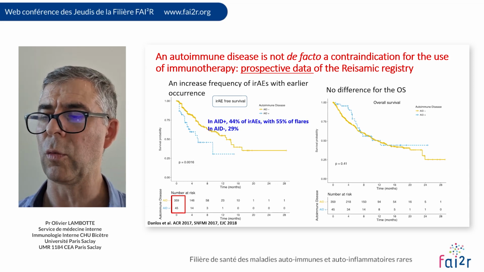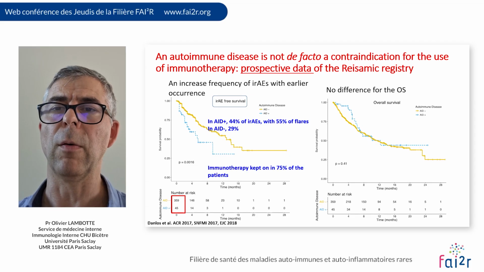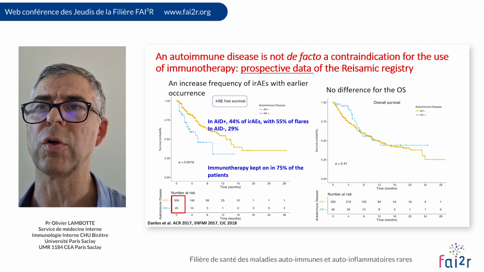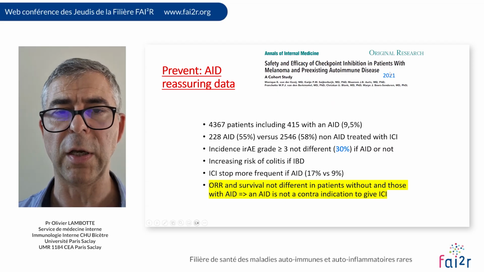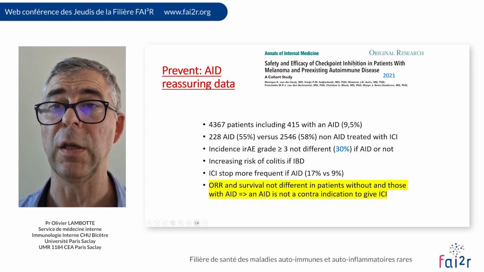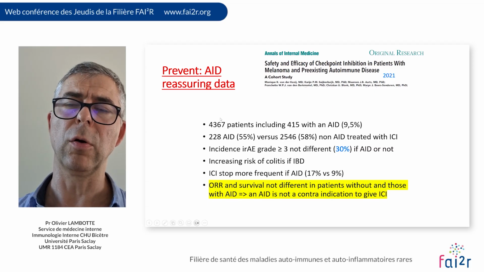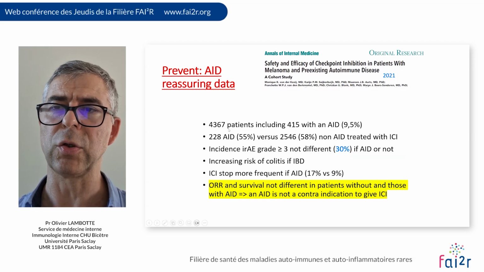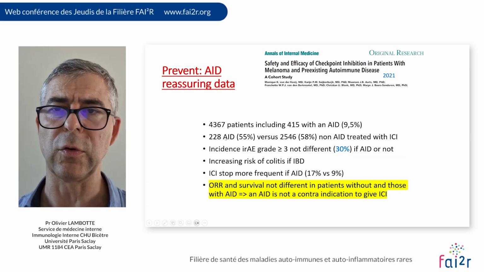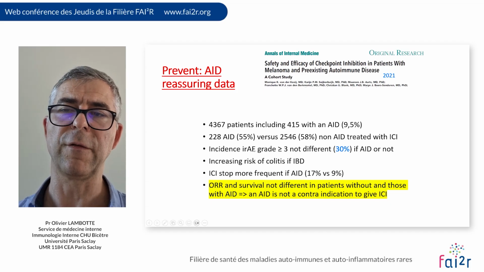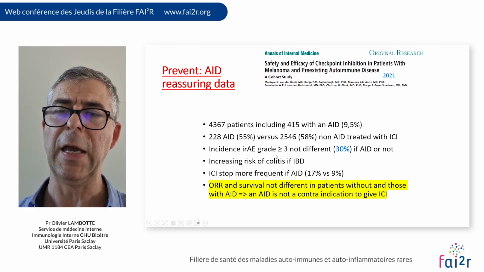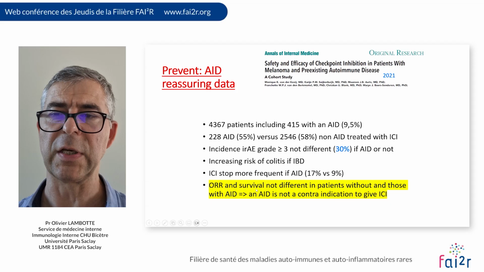And this work was confirmed by our Dutch colleagues in the huge register of melanoma in the Netherlands. As you can see here, more than 4,000 patients, more than 200 with autoimmune disease, no difference in the incidence of severe IRA, and no difference in the overall response rate and the survival.